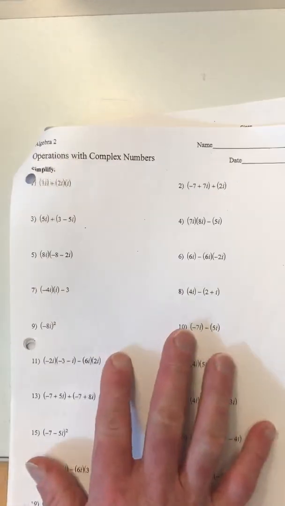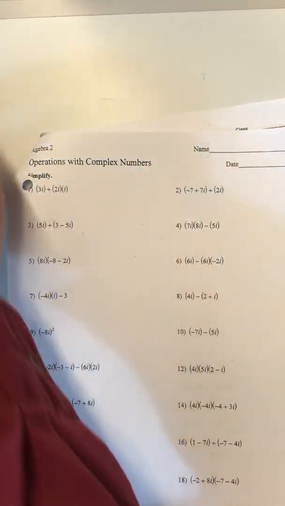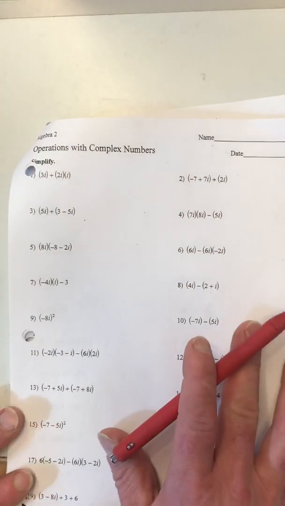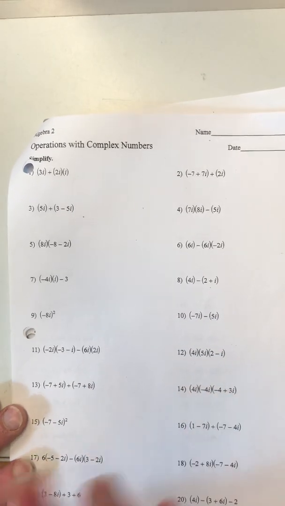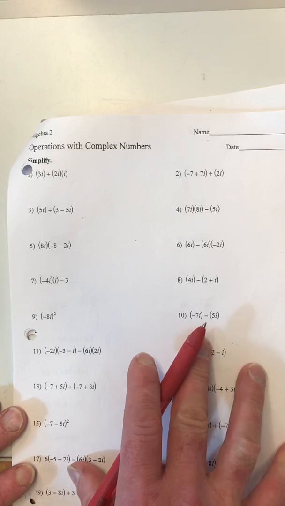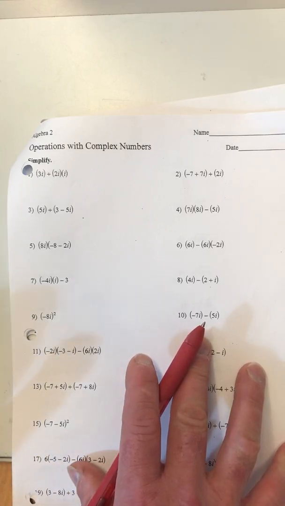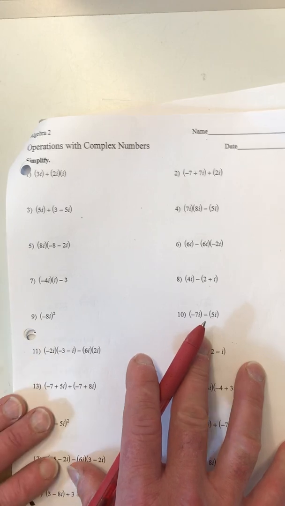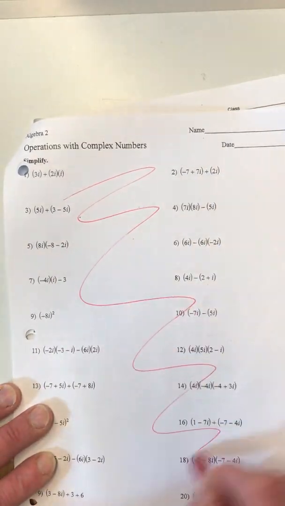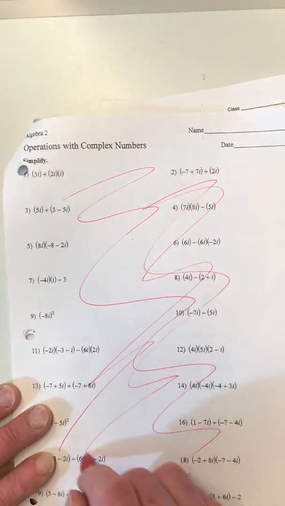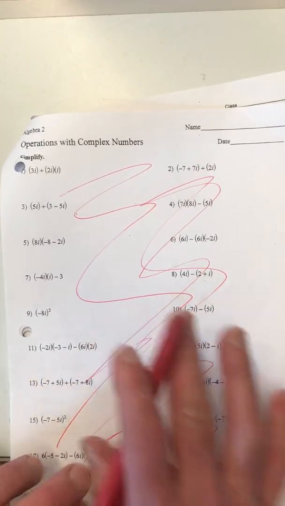The operations with complex numbers, that's the same thing as adding and subtracting and multiplying mixed together. But here's the thing, guys. You've already done the adding complex numbers. You did that last week. You're doing multiplying today. I'm going to cancel out this assignment. Don't worry about doing this one. Okay?